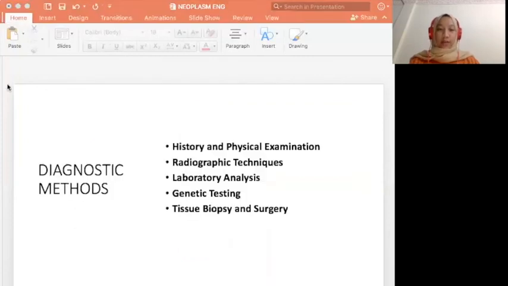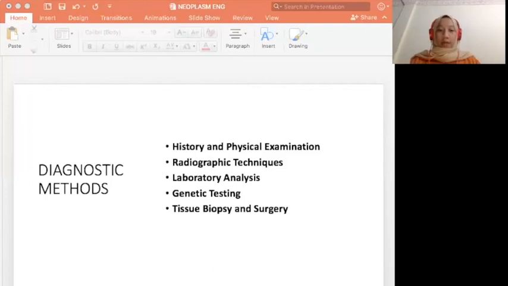Next are diagnostic methods. There are history and physical examination. So it can be achieved by talking to the patient and through direct examination. For example, you can see the sign or symptoms such as weight loss, fatigue, or pain. And sometimes the mass may be palpable or visible.